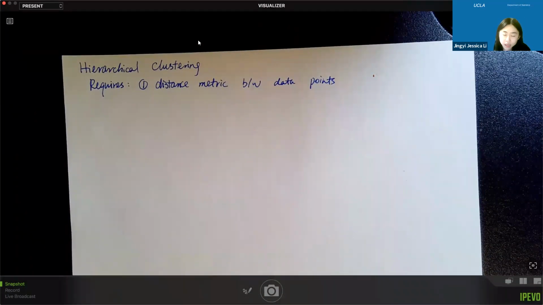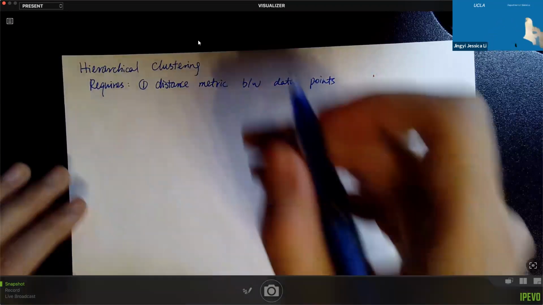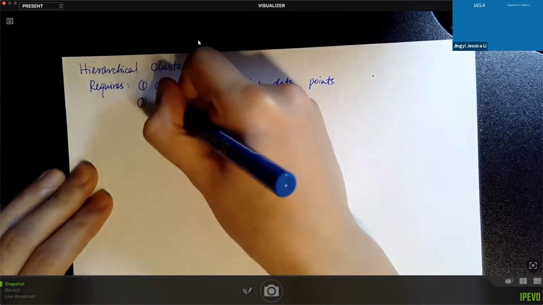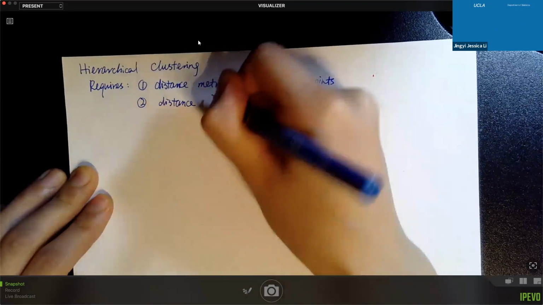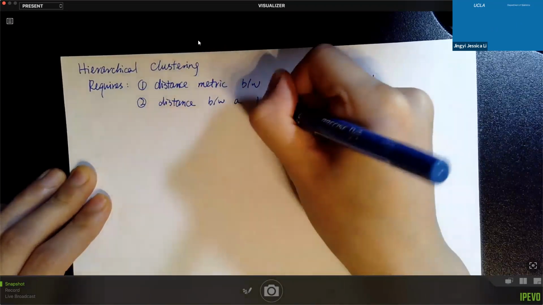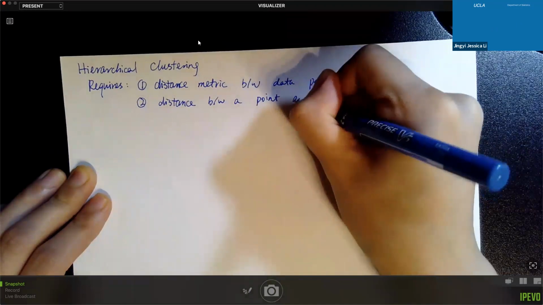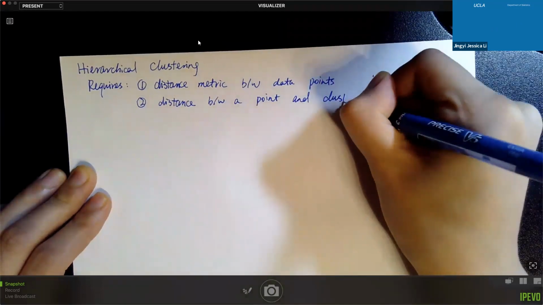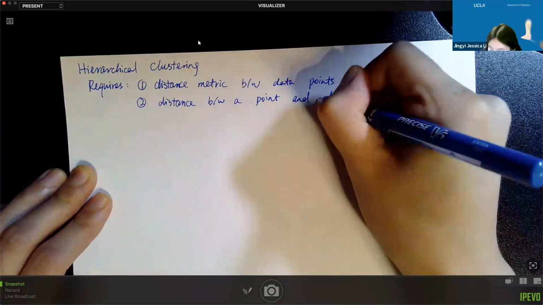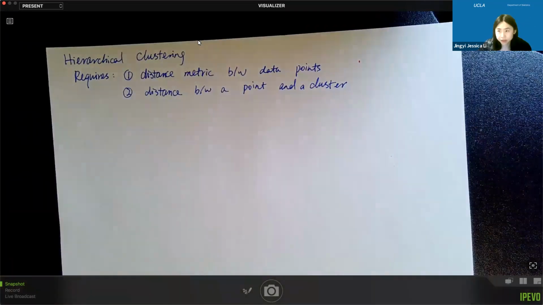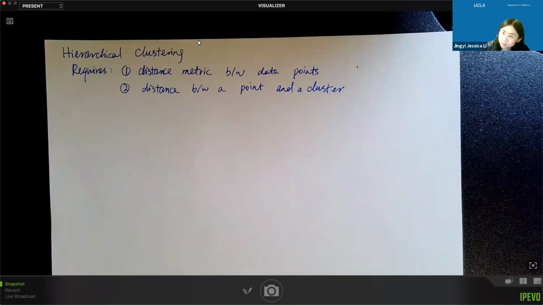We also need a distance metric between a point and the cluster during our aggregation process. After we combine, let's say, 2 points into one cluster, we need to decide whether to combine this cluster with another point or keep it as it is. That decision depends on how we measure the distance between a point and the cluster.